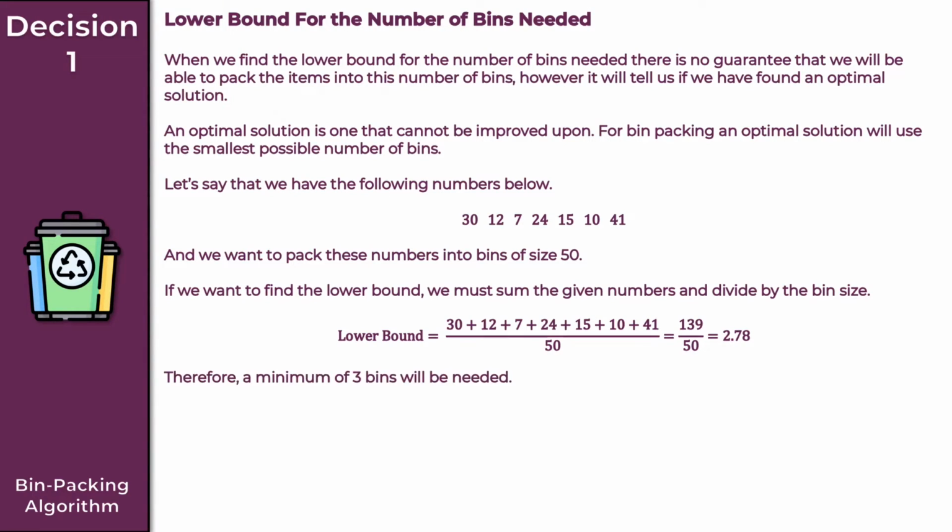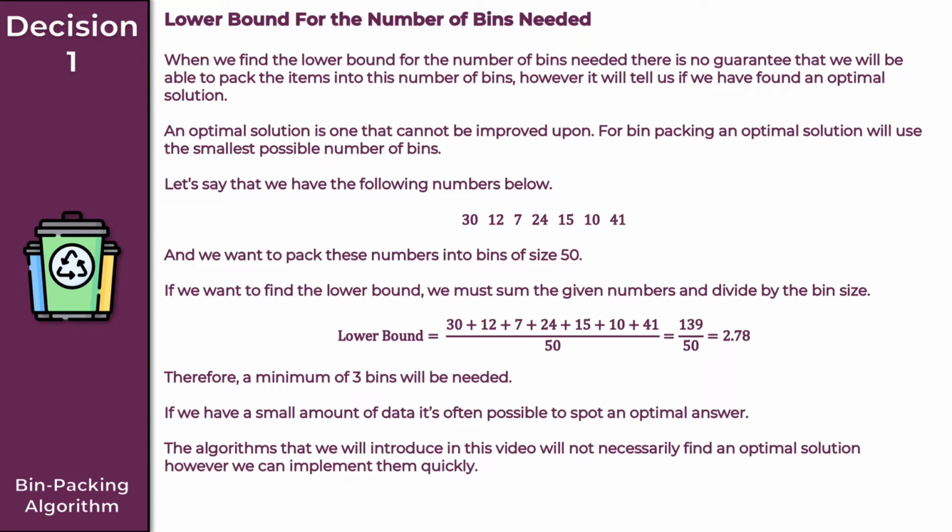What this means is a minimum of 3 bins will be needed, because we need to round up. So a minimum of 3 bins will be needed to pack these numbers into bins of size 50. Now, if we have a small amount of data, it is often possible to spot an optimal answer.